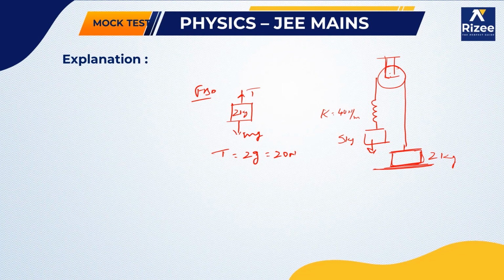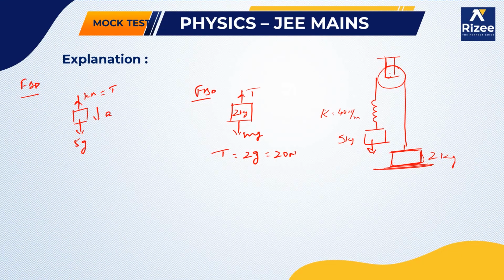So next, let us draw the free body diagram for the 5 kg block here. Since it is coming down, this is 5g acting in the downward direction, and the upward direction will be kx, and that can be equated with the tension, but still it is accelerating in the downward direction.